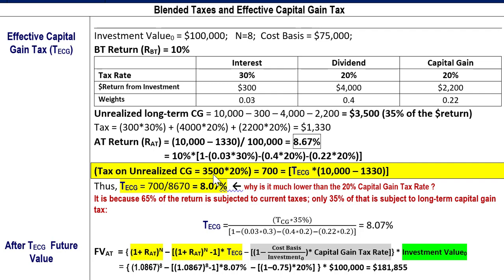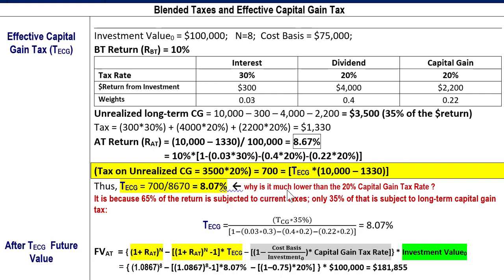There's still a $3,500 unrealized gain. You've got to pay $700 tax out of the after-tax dollar return you're paying already. So that gives you the effective capital gain tax rate for the unrealized long-term capital gain. It's 8.07%.